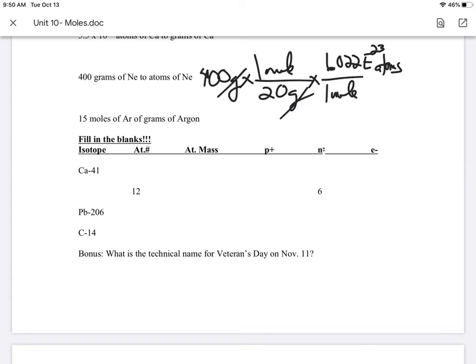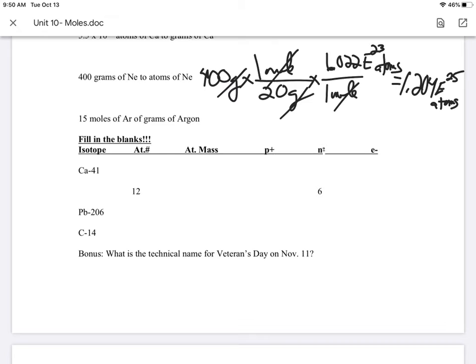So grams will cancel and moles will cancel. And now I have this large number, so I punch it in, 400 times 6.022 to the 23 divided by 20. I come up with 1.204 e to the 25th atoms.